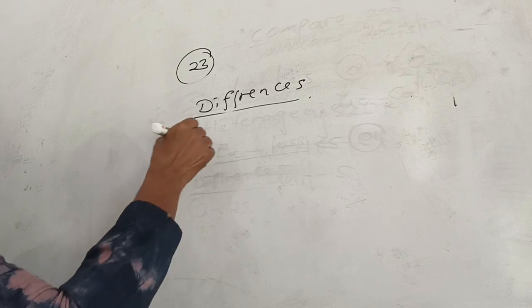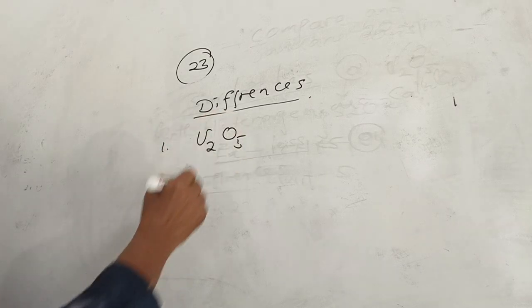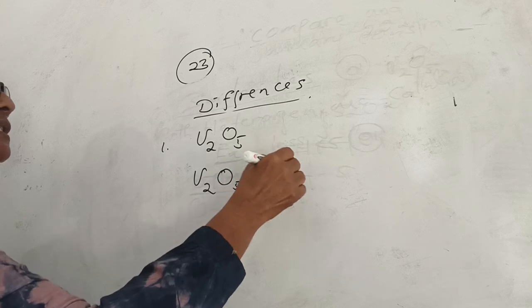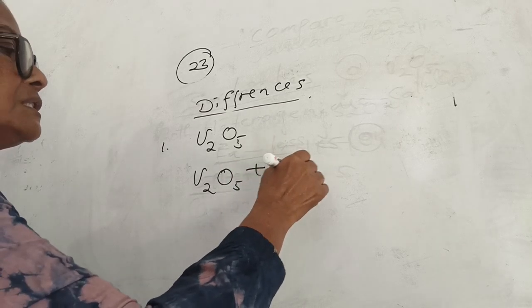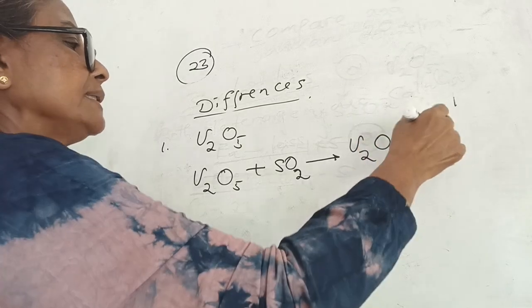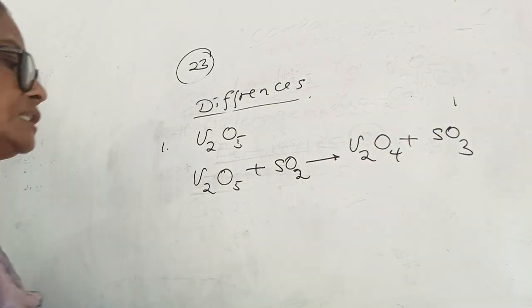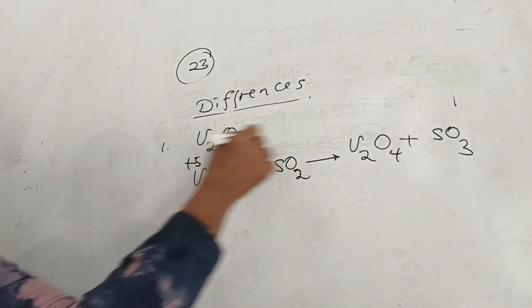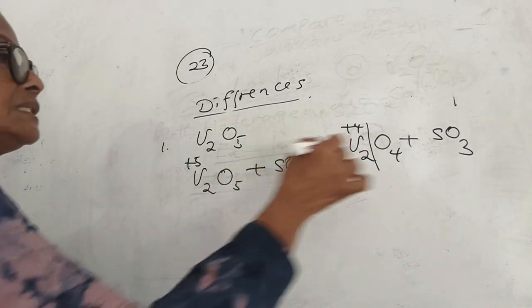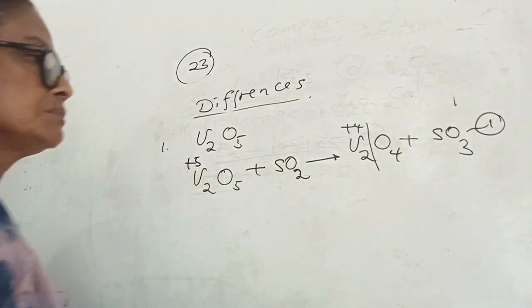Obviously, you take the first one, V2O5. The V2O5 in the Haber process first reacts with the sulfur dioxide to turn into V2O4 and SO3. So you can call this vanadium(V) undergoing reduction into vanadium(IV). This is step 1 in this process.